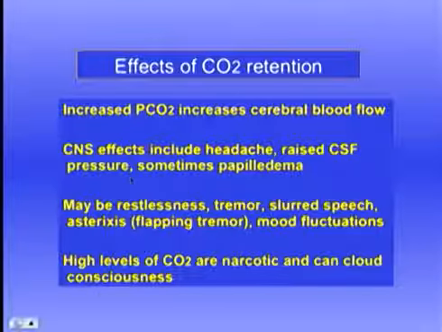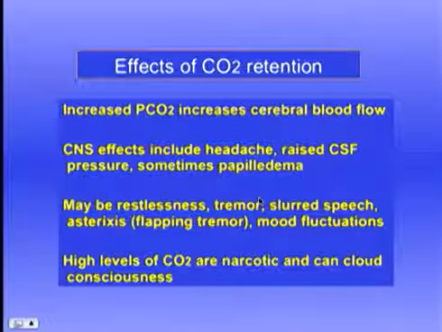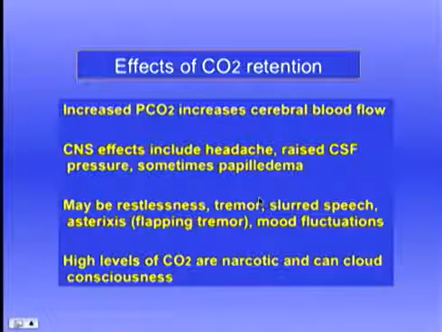Looking at the fundus of the eye, you can see edema in the back of the eye, and that's an indication of the raised pressure in the cerebrospinal fluid. There may also be restlessness and tremor and slurred speech. And occasionally there's asterixis, a flapping tremor.